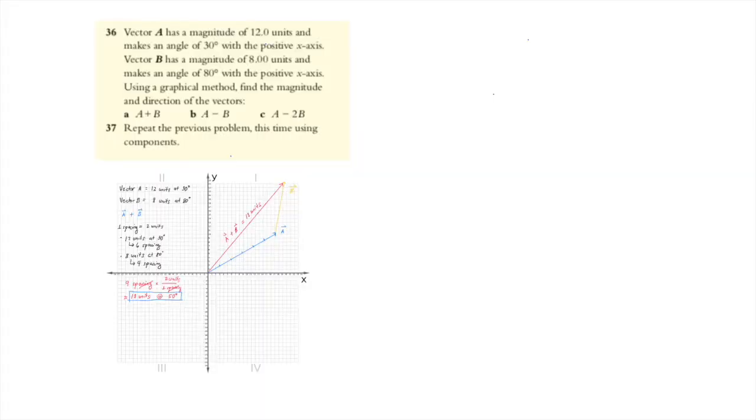Now let's try to answer number 37, wherein this time we have to repeat the previous problem using the analytical method or the components. So first, for the vector A, we're gonna have 12 units at 30 degrees, and so we're gonna get the x component as well as the y component.